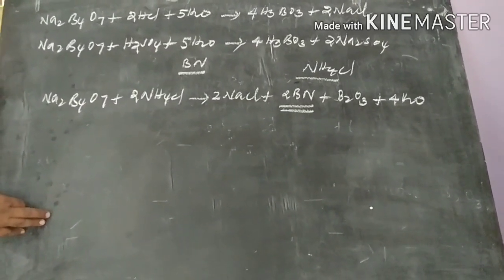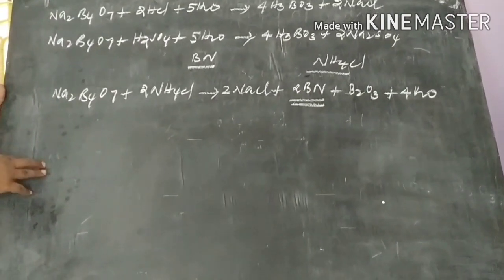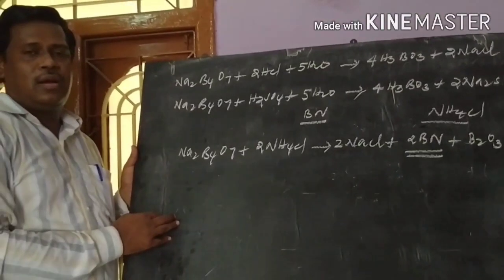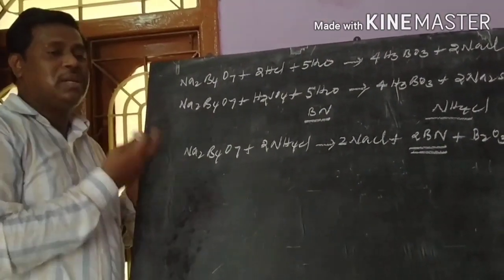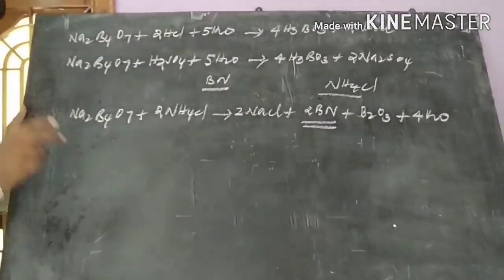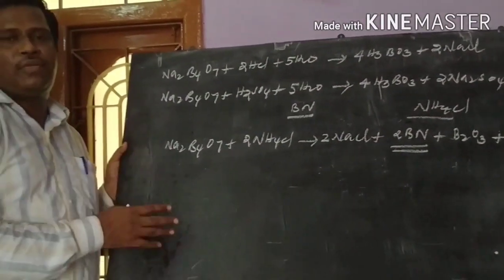It is also used as a flux. In metallurgical processes we have seen flux before: a flux is a fusible substance in metallurgy. It is also used as a flux in metallurgy and also acts as a preservative.